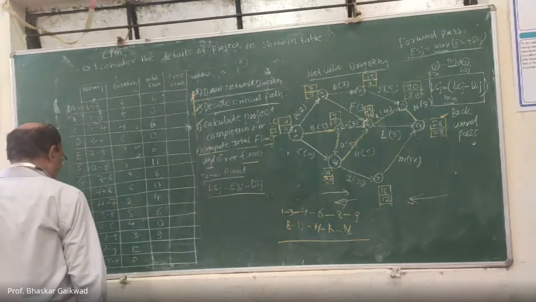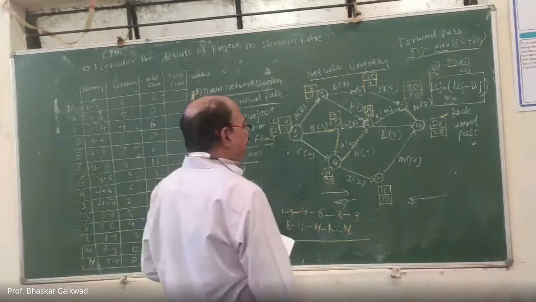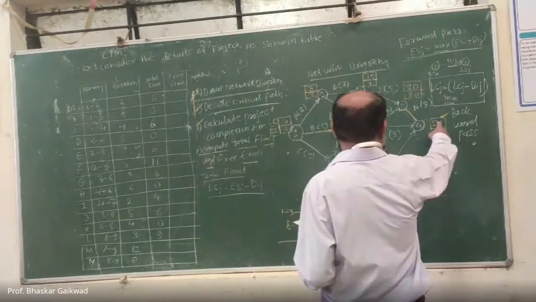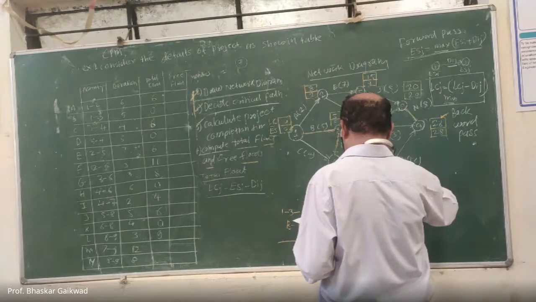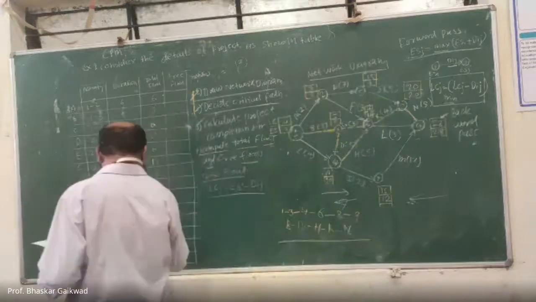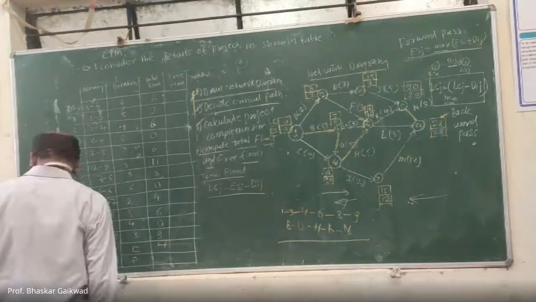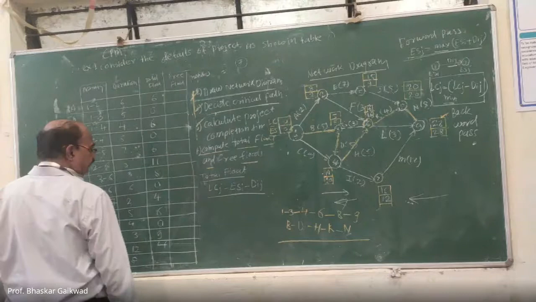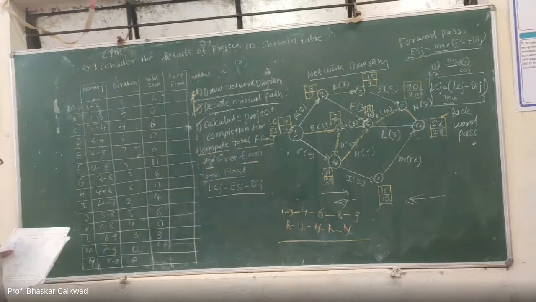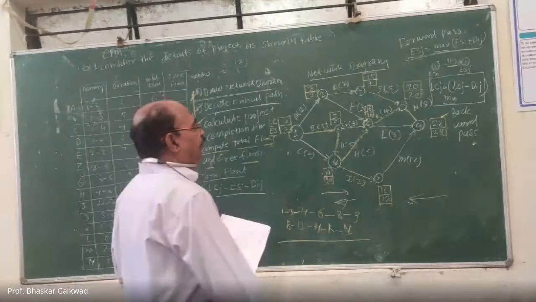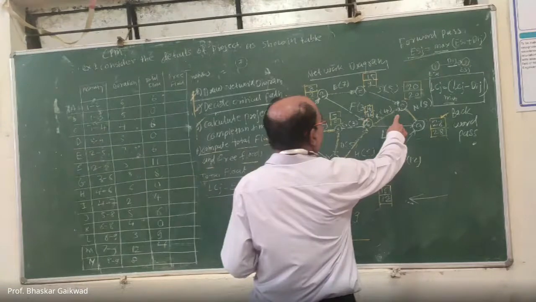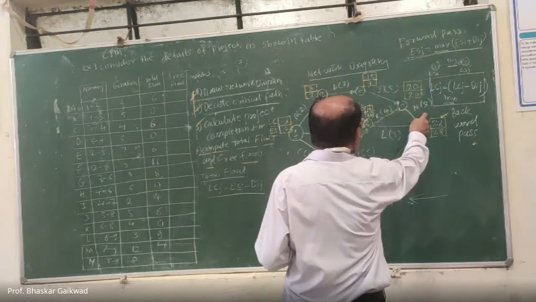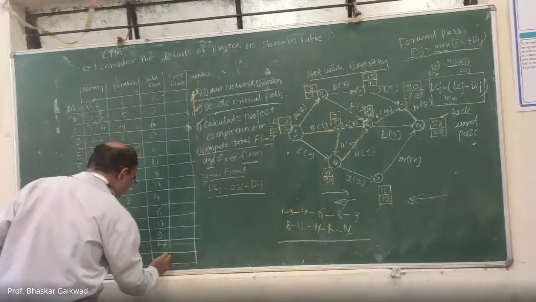Then M. M activity, this. 28 minus 16 minus 12. M, that is the 4. And the last one, that is the N. N activity, 8 to 9. 28 minus 20 minus 8, this is the 0. So this is the 0.